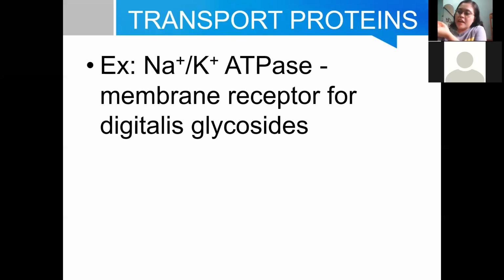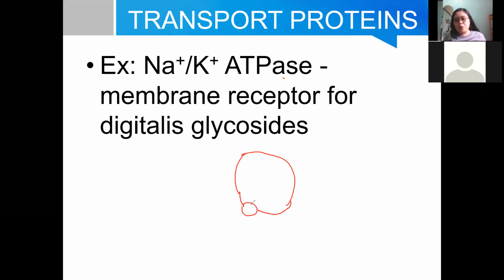Wait, let me get my pen because I need to draw. So it's a pump, class. If this is your cell, you can find it in your cell membrane. It is a transport protein found in our cell, and from the name of the pump, sodium potassium ATPase, it regulates the exchange of sodium and potassium.